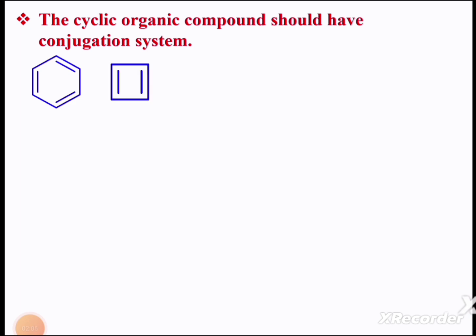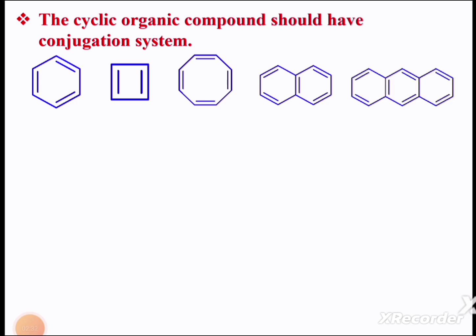Similarly, this structure is double, single, double, single. Another structure is in conjugation: double, single, double, single, double, single, with alternate double and single bonds. In the fused benzene ring, this is naphthalene. In the cyclic ring you will see a double, single conjugation system, alternating double bonds and single bonds. Also in the case of anthracene.